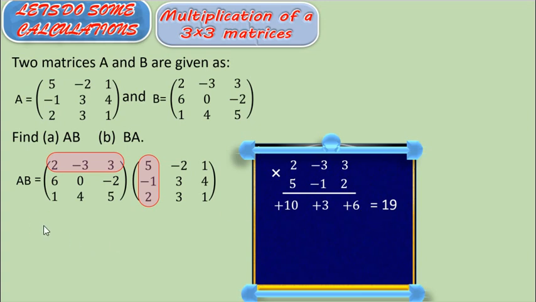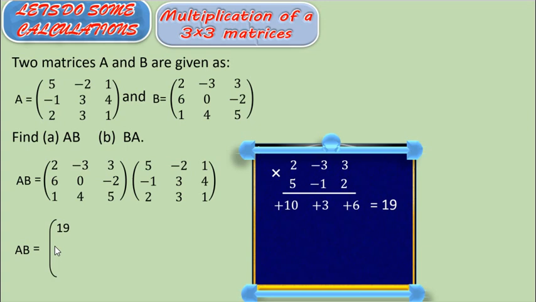So the element that will be in position 1, 1 will be 19, as we have already calculated.